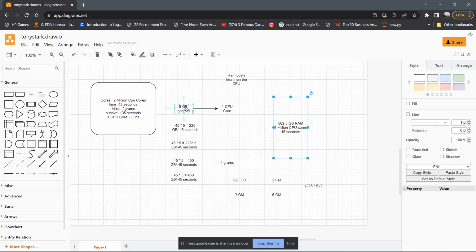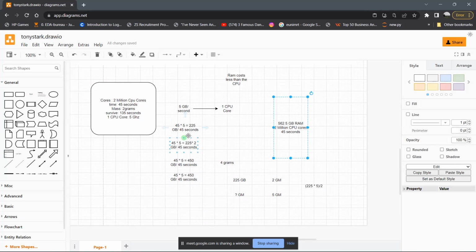So from here we know that in the 45 seconds we'll get the whole RAM occupied in each core. So for that, we did 5 times 45: 5 GB per second for 45 seconds. How much will it become? 5 times 45, right? Till here it's clear.